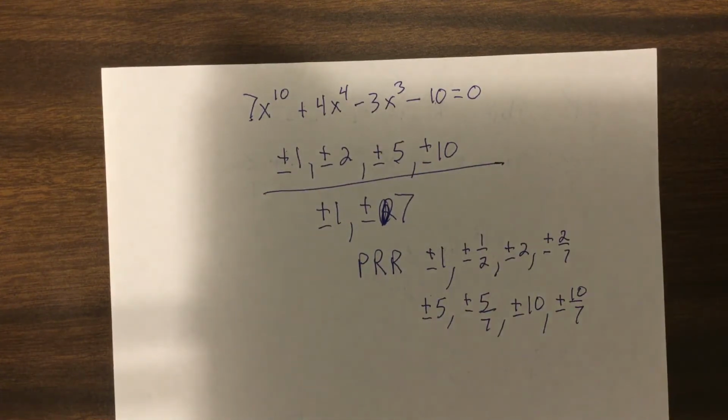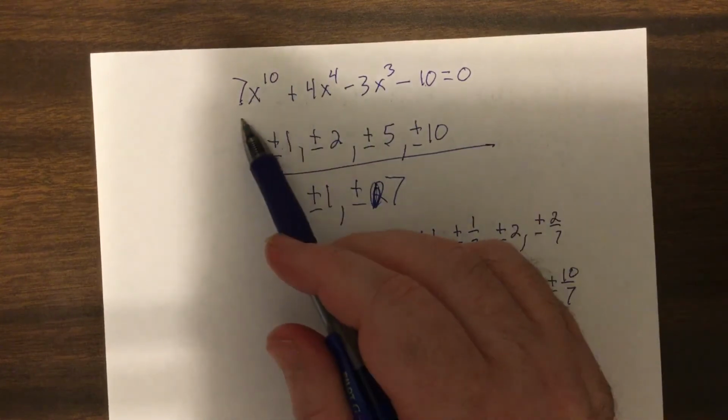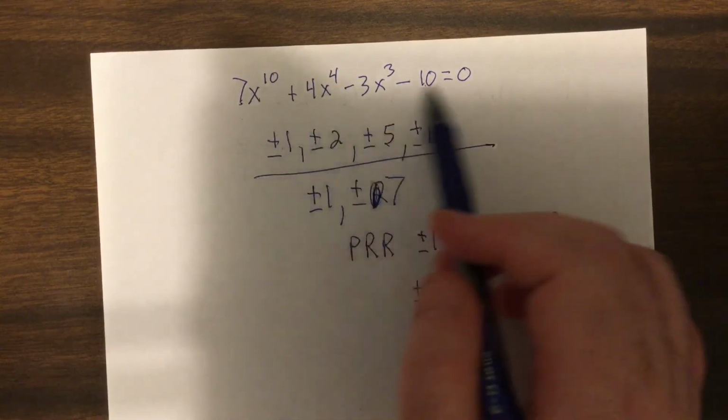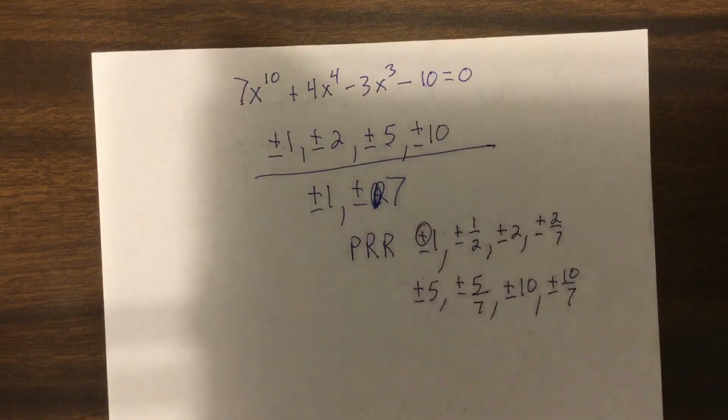So again, try 1. 7 plus 4 is 11, minus 3 is... nope, 1 doesn't work, so I can cross it out. Then if you've got a good brain for numbers, try -1. See if it works.